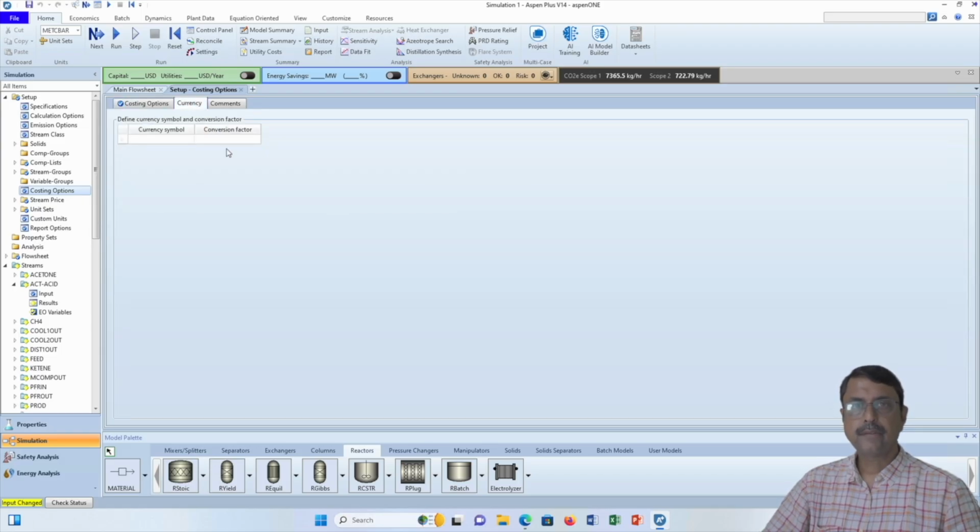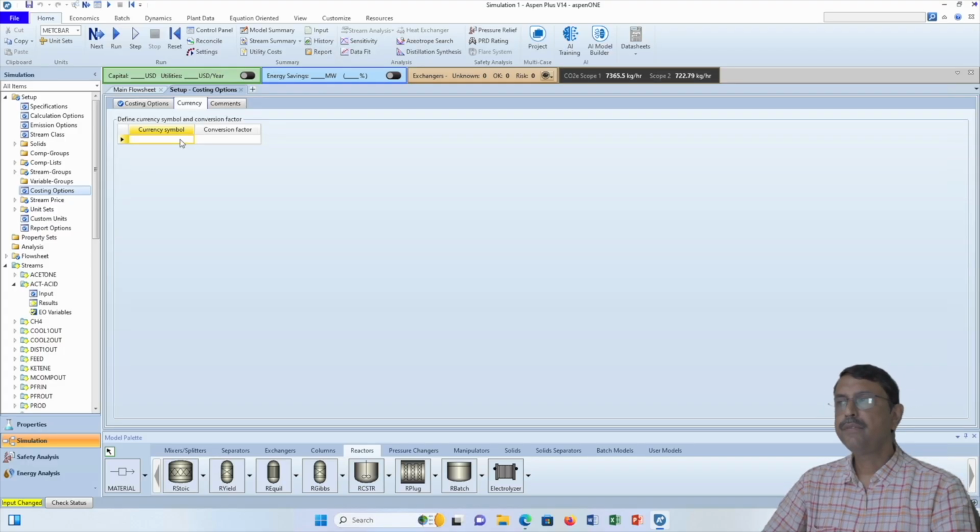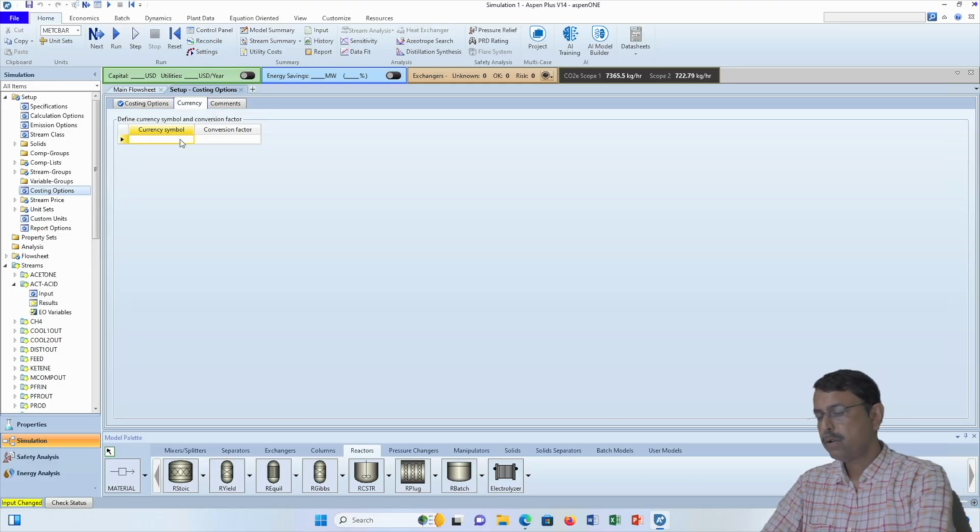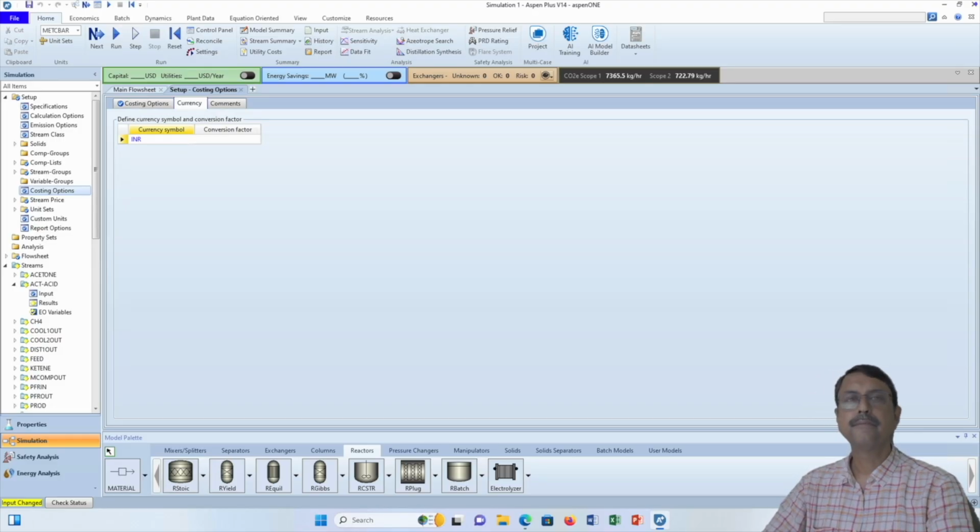And the currency. By default, it is the US dollar. But you can use some other currency also. For instance, if you want to perform this economic analysis in India, then definitely you would like to use Indian currency, right? So you can always write INR.